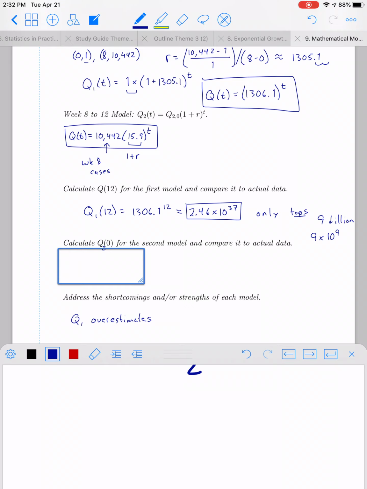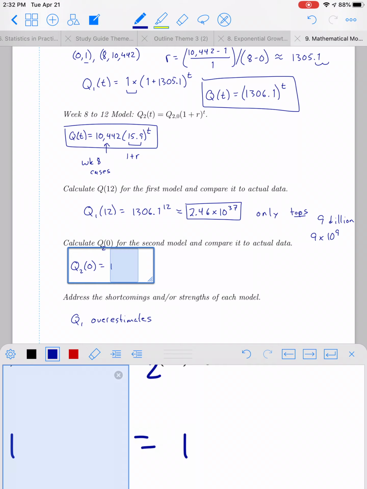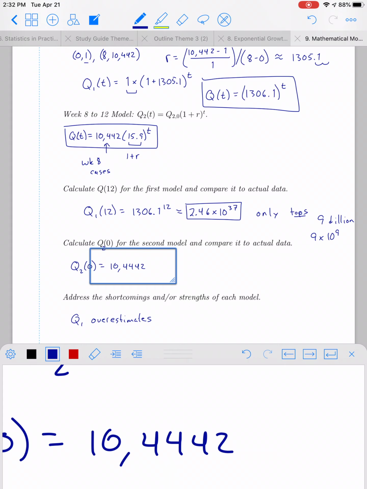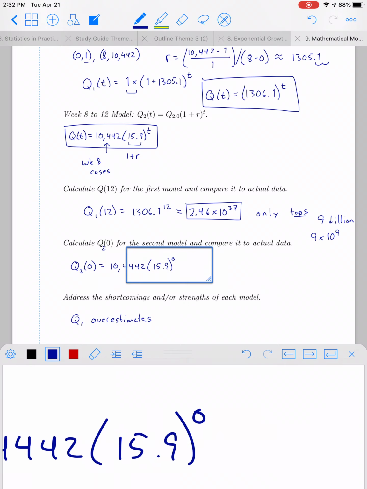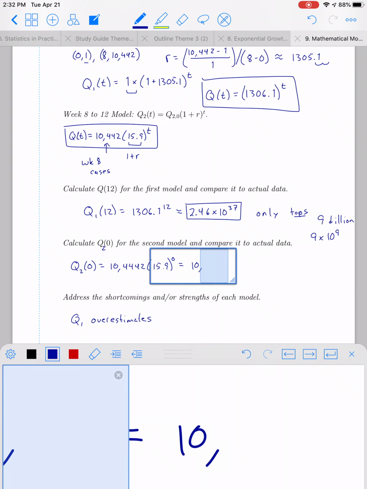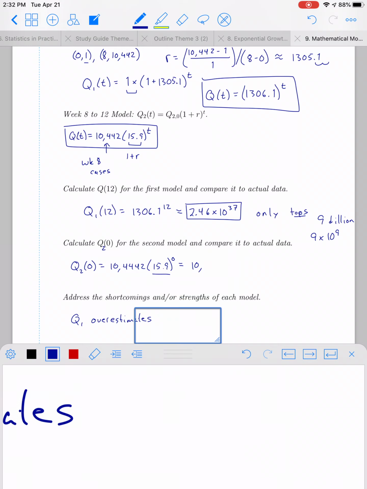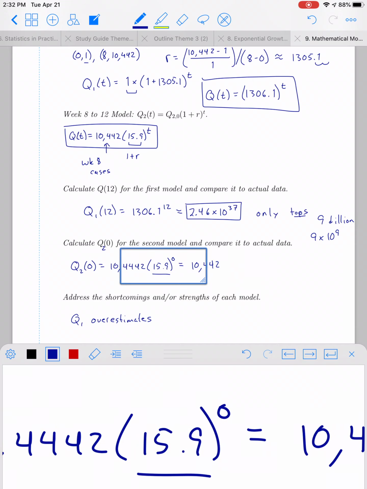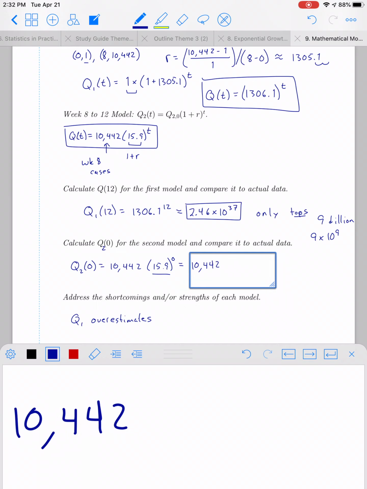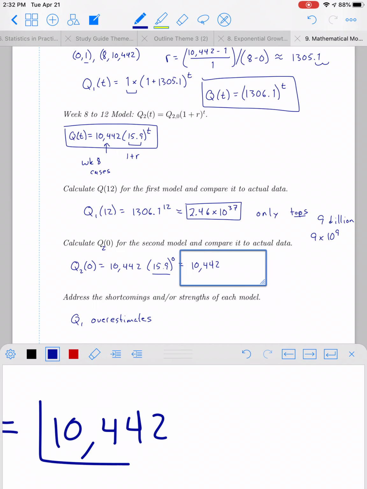Okay, let's try Q2 of 0 for our second model. So what happens at 0 for that? Well, Q2 of 0, it's going to be a little bit different than what we expect. 10,442 using the values we have above, 15.9 to the 0th power. Well, that's a 1. This number raised to the 0th power is 1, so this is just 10,442 times 1, which is just itself.